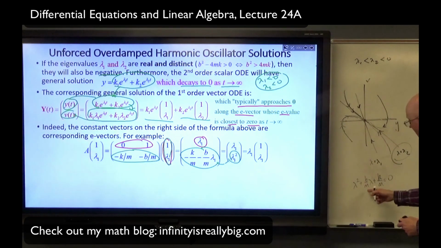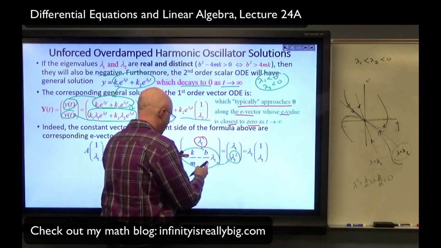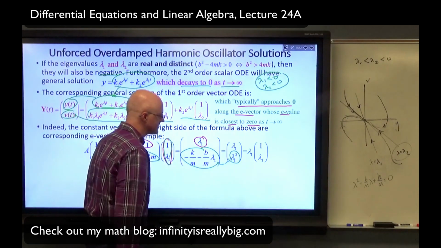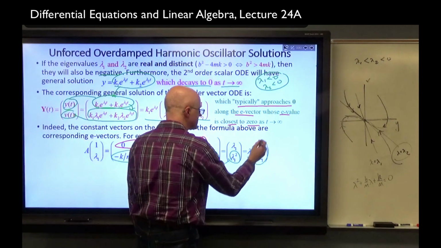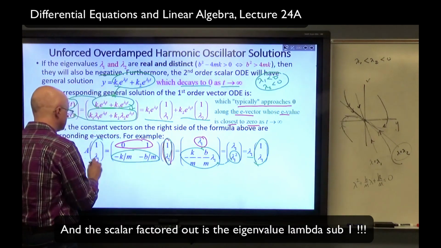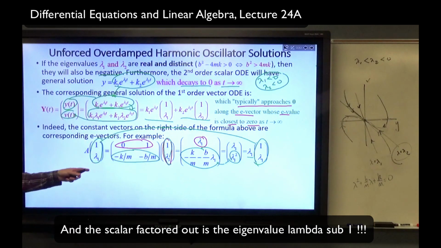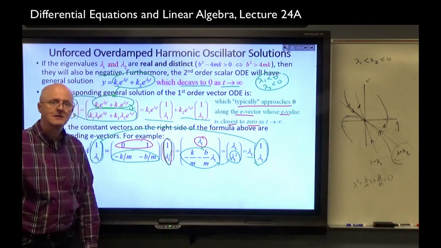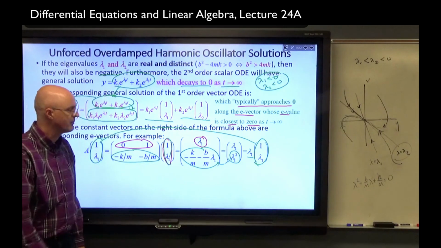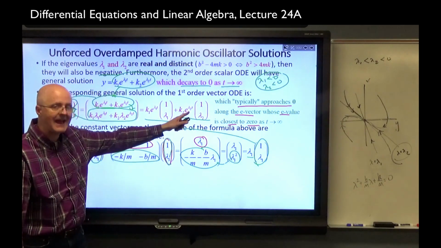And so I can solve this equation for lambda squared, or lambda 1 squared if I'm thinking about lambda 1. It equals this, and so I can make that substitution. And then I can factor out a factor of lambda 1, so I get a scalar times the original eigenvector. These two things match. That means (1, lambda 1) is an eigenvector for A with eigenvalue lambda 1. The same calculation, except changing all the subscripts from 1 to 2, would verify that that's an eigenvector corresponding to that eigenvalue.